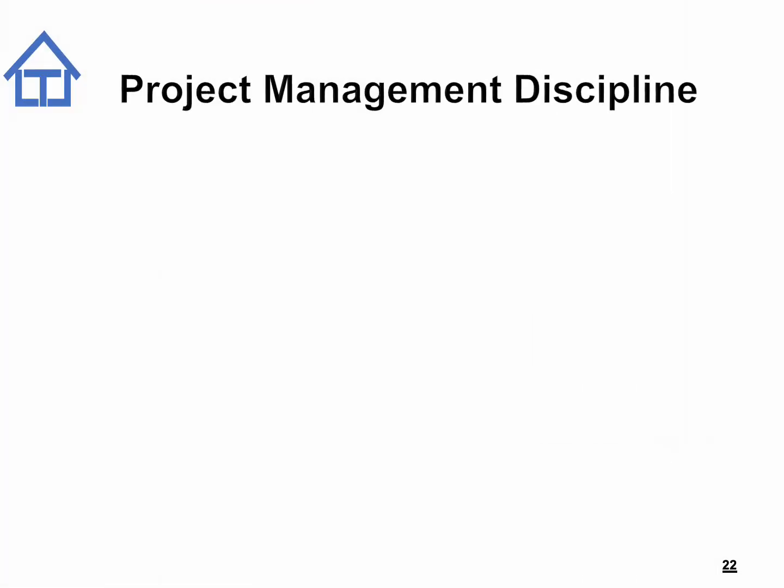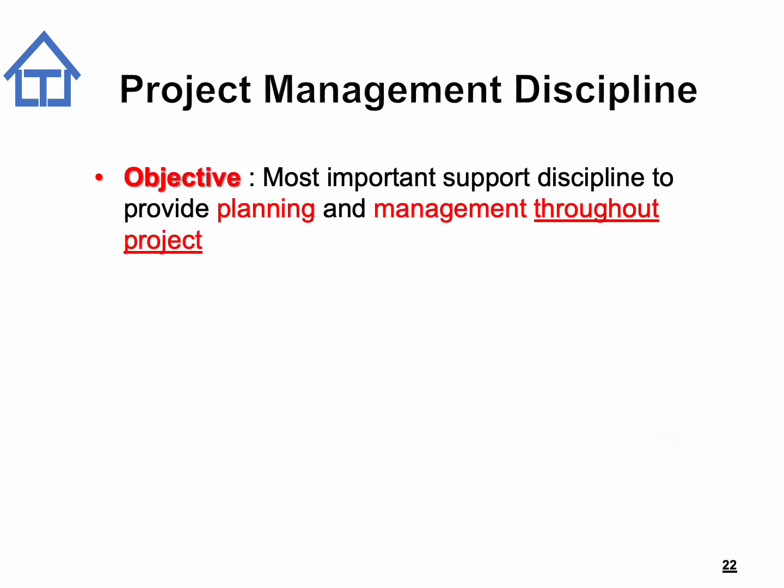The remaining disciplines are the supporting disciplines in the UP process. The first of these is the project management discipline. This is the most important support discipline to provide planning and management activities throughout a project.